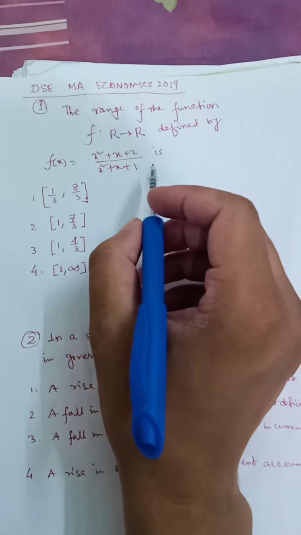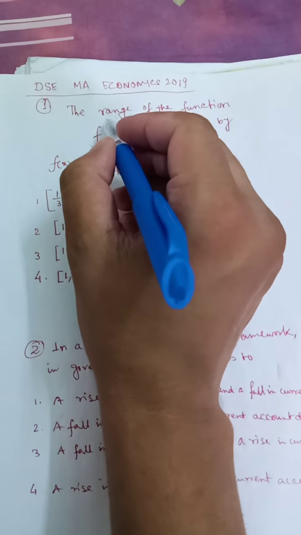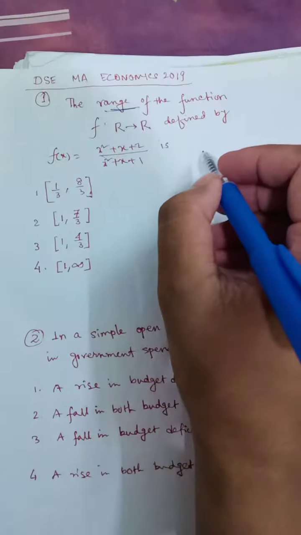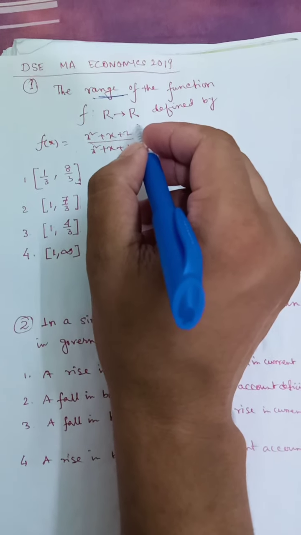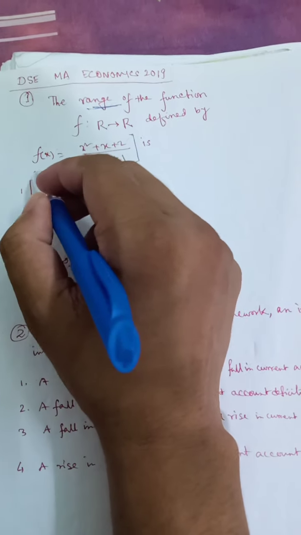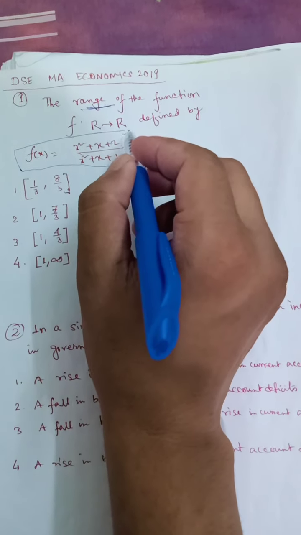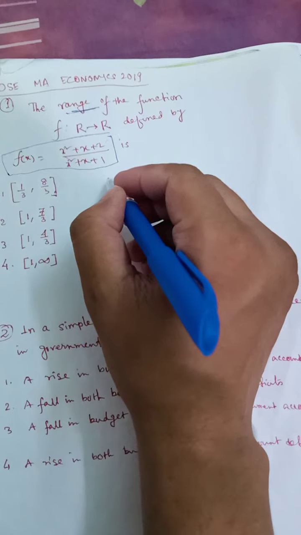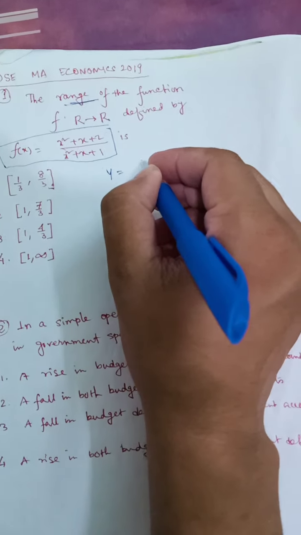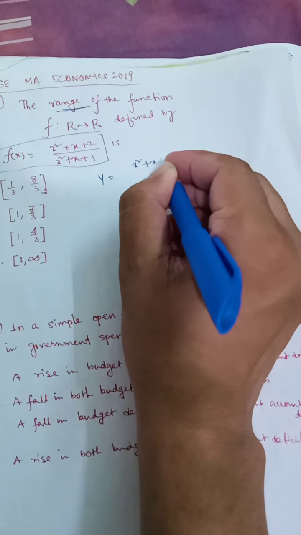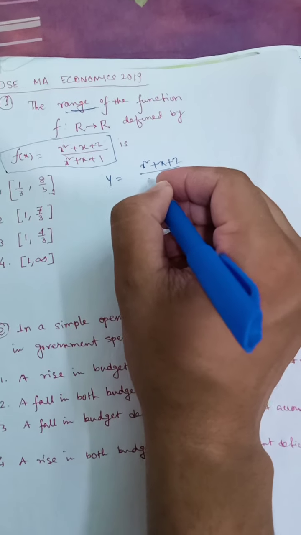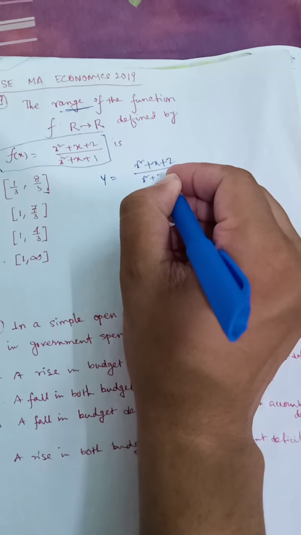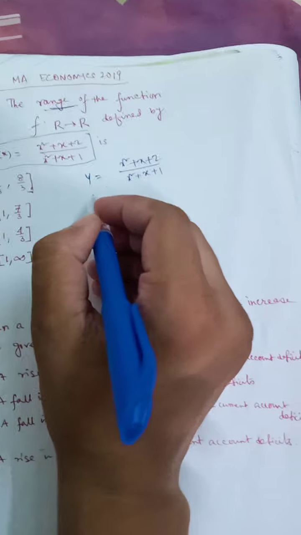So here we have to find the range of the function. Let's take y = (x² + x + 2)/(x² + x + 1).